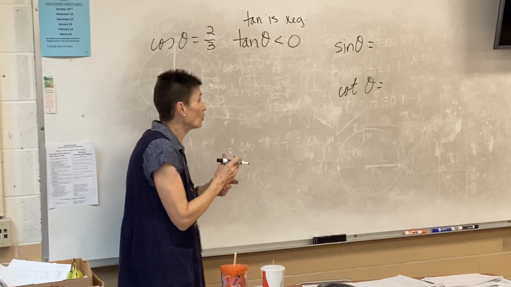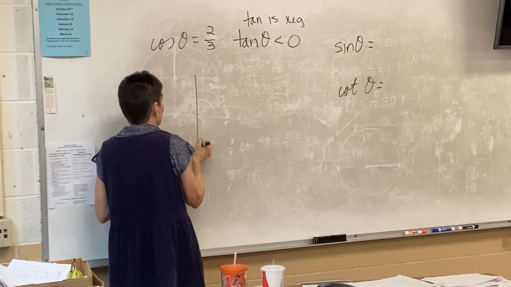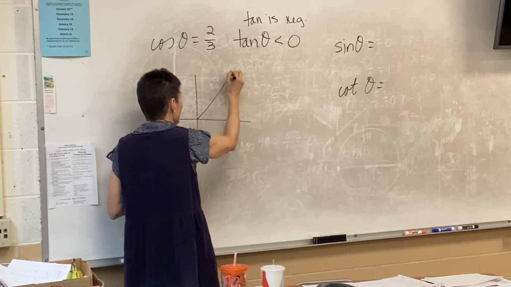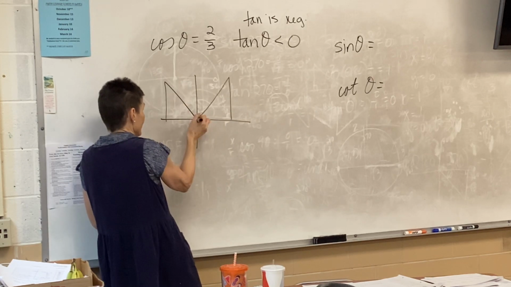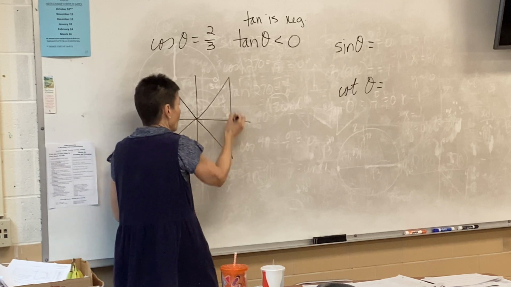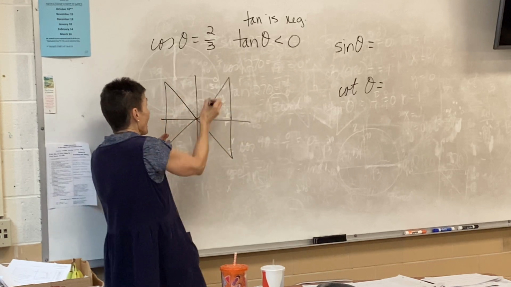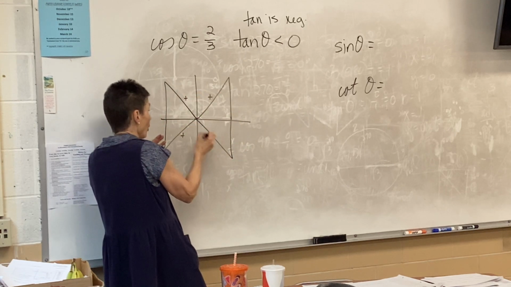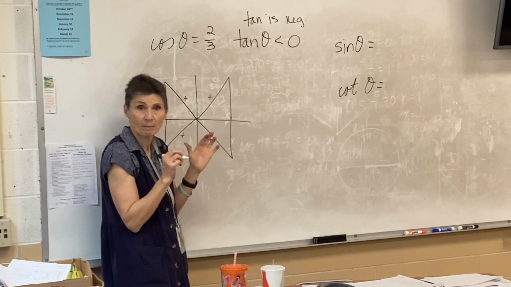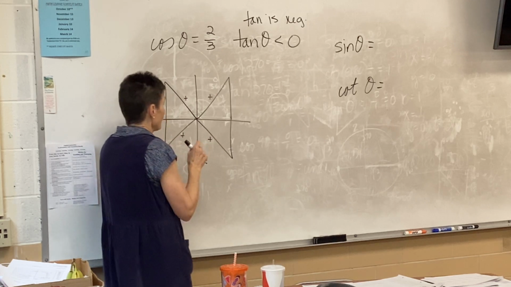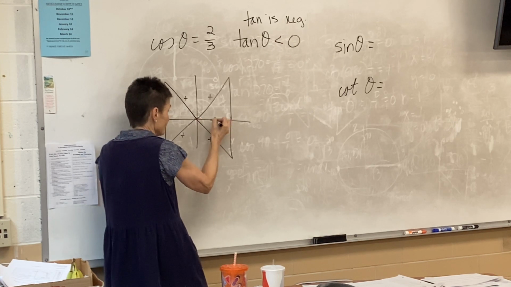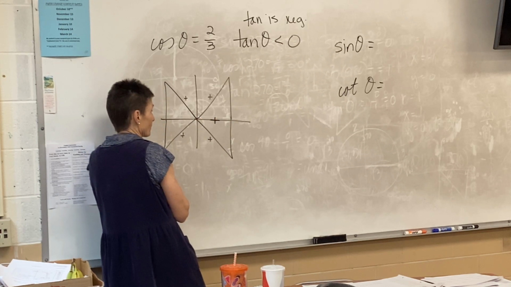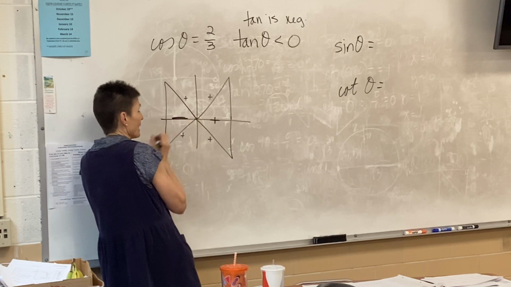So here's what's going through your head. I have a triangle here, and I don't want to confuse you, but we have to look at all of these. We have to figure out which one it is. I know that the hypotenuses are always positive. This right here is positive. This right here is negative.